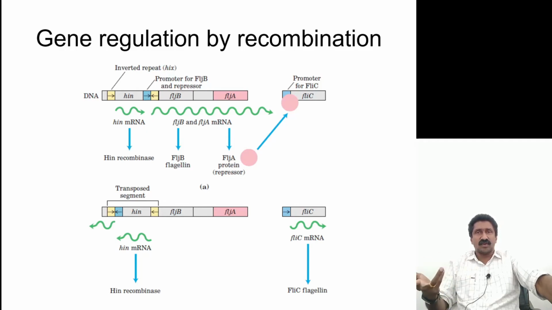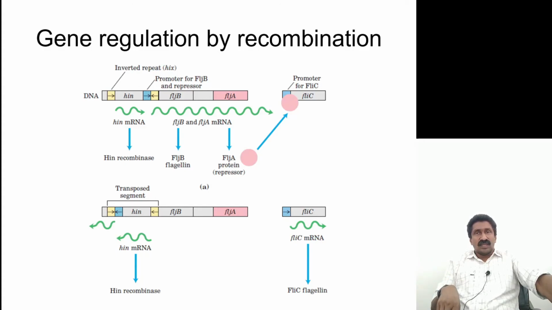So the segment in between the hix regions will be inverted by the effect of Hin recombinase, just like an inversion process between these two hix regions, done by the Hin recombinase enzyme which is coded by this Hin gene.